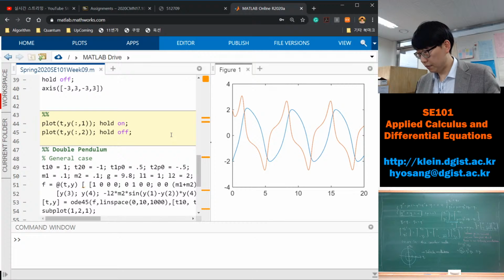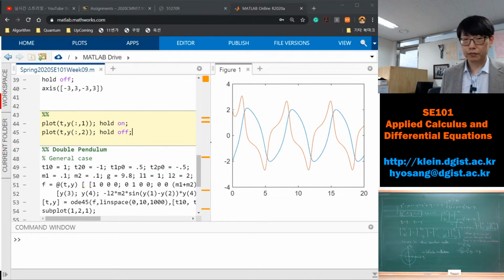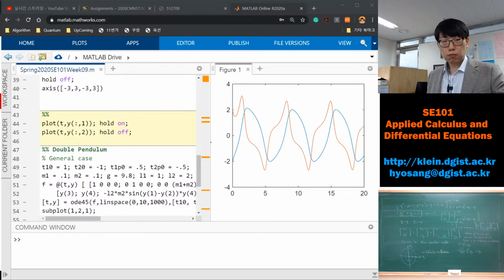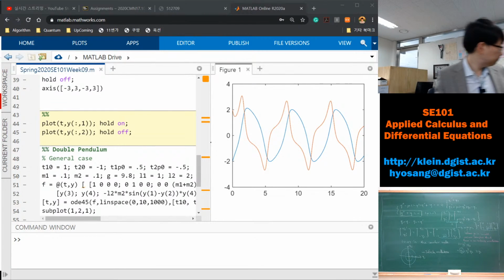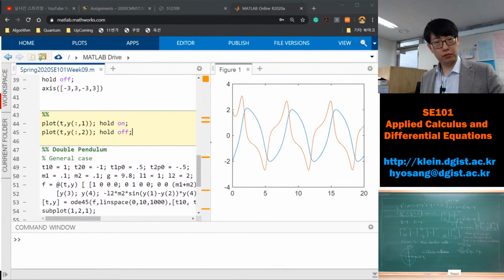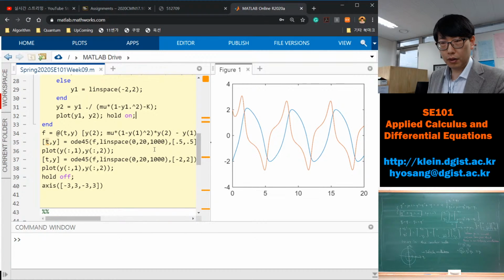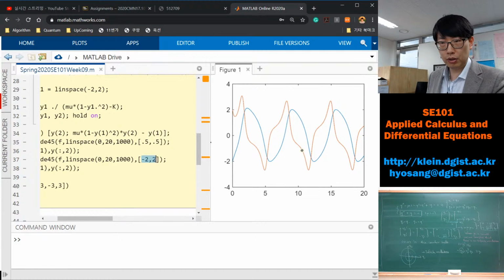Any questions? No questions? So this is the result of the solution when the initial condition is minus 2 and 2.